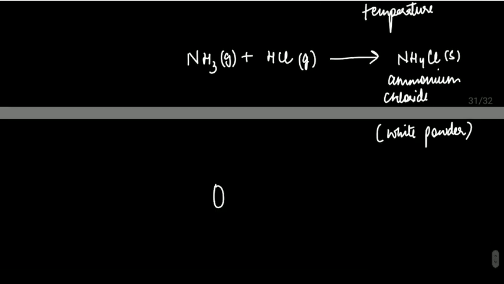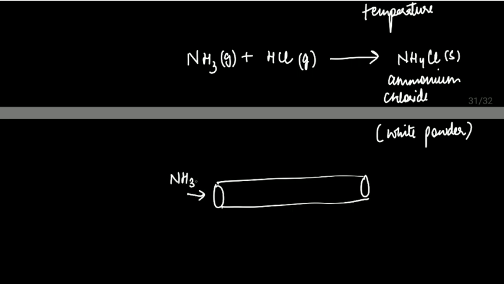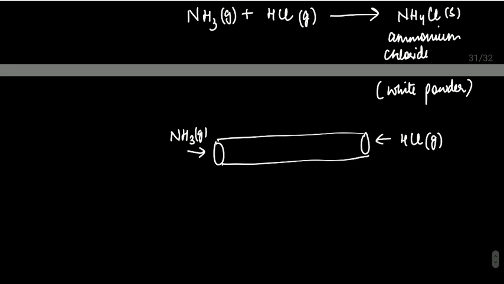So let's say we have a tube. Now, this is multiple concepts we are going to mix over here in this question. So let's say on the left hand side we added ammonia gas. We just released ammonia gas from the left hand side end, and from the right hand side end we added HCl. So we are taking only 1 mole of each. Now the question is, where will ammonium chloride be formed?